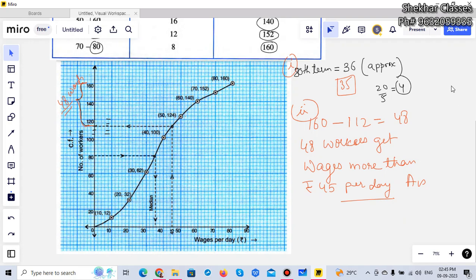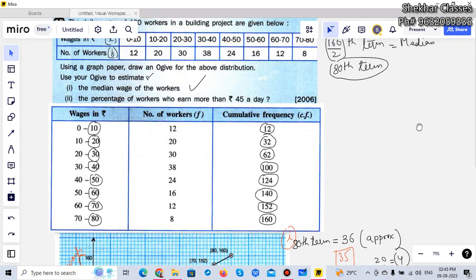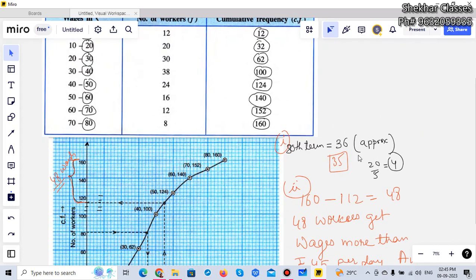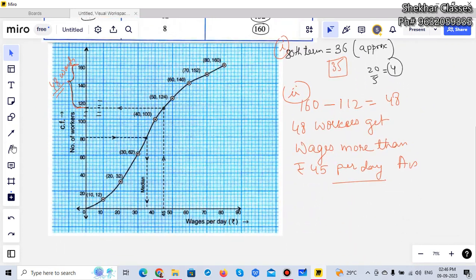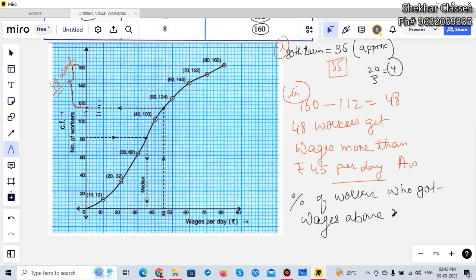The question in fact here was to find out the percentage of workers who earn more than 45. So we got the number of workers, but the answer has to be a percentage. So percentage we can calculate by what? Percentage of workers who got wages above rupees 45 per day, right?